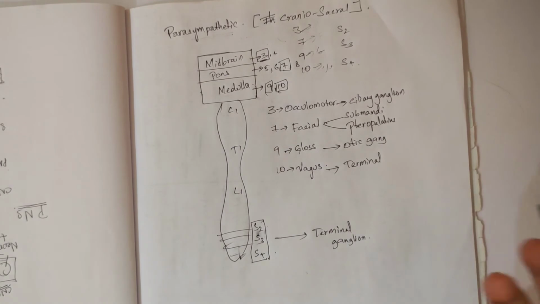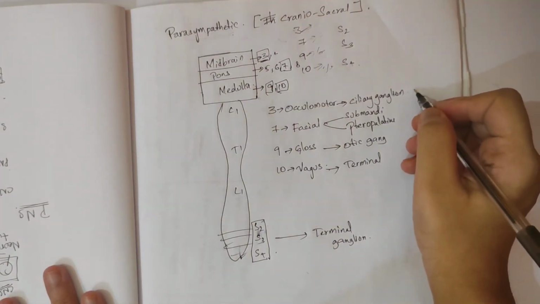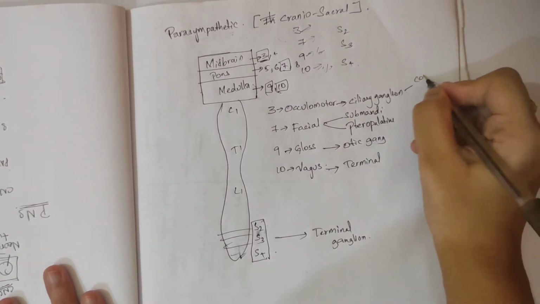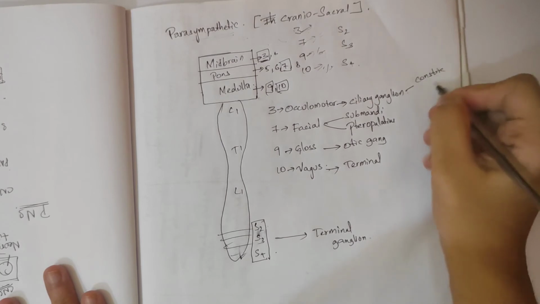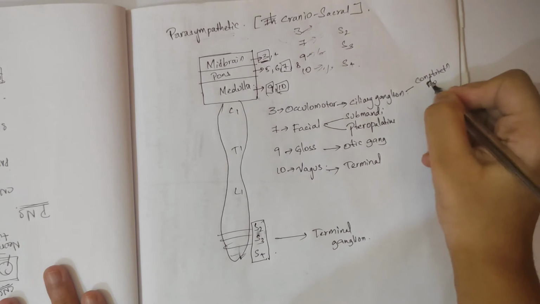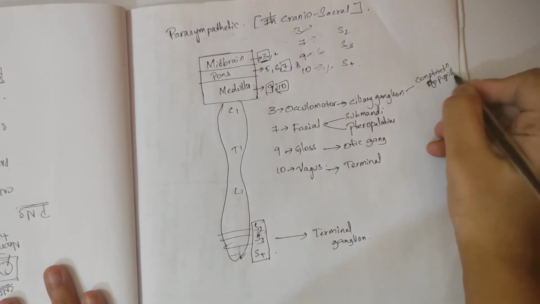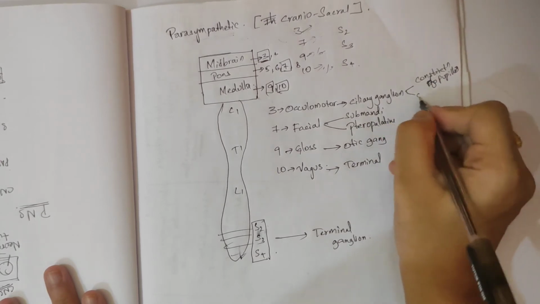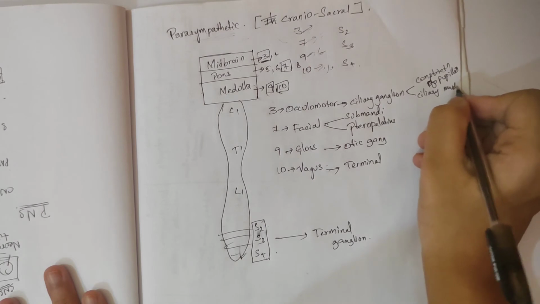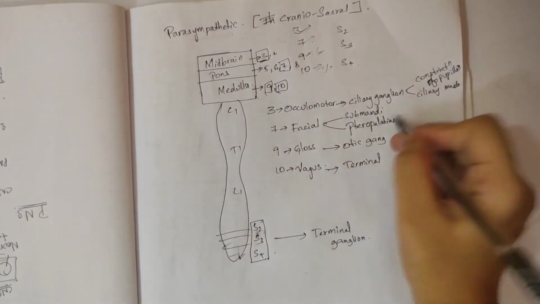So yeah, this ciliary ganglion innervates the smooth muscles in the orbit, mainly 2, which are constriction of the pupil, that is pupillary sphincter, and ciliary muscle. So next one is submandibular.